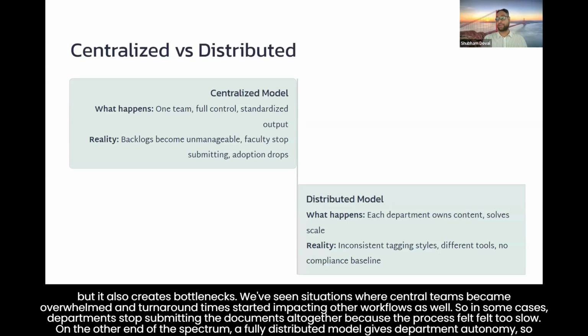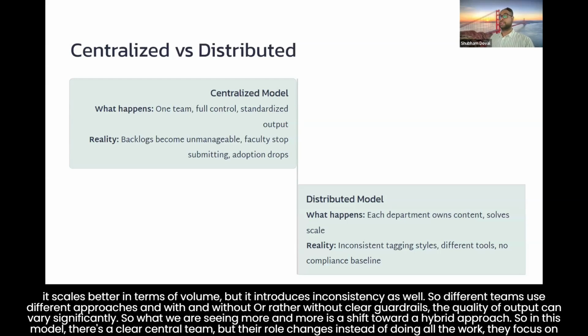On the other end of the spectrum, a fully distributed model gives departments autonomy. It scales better in terms of volume, but it introduces inconsistency as well. Different teams use different approaches, and without clear guardrails, the quality of output can vary significantly. So what we are seeing more and more is a shift toward a hybrid approach. In this model, there's a clear central team, but their role changes.